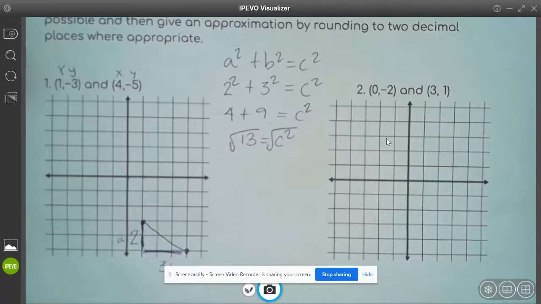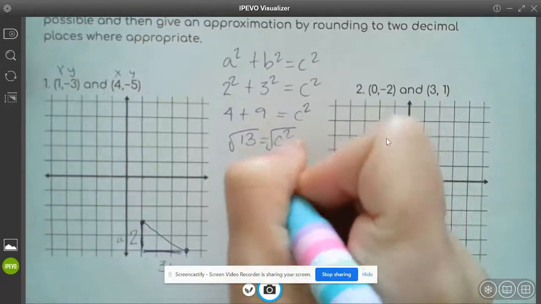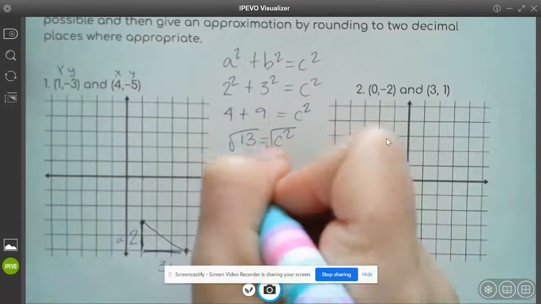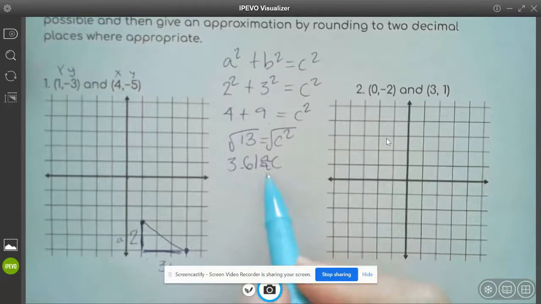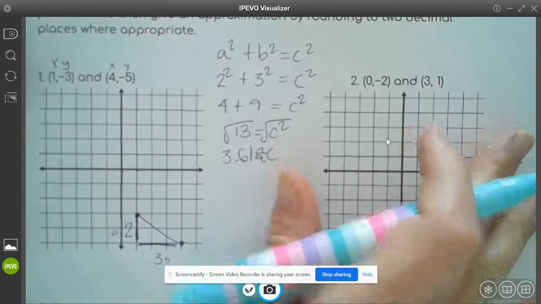If anything, we can just leave it like that, right? Because it's going to be a big decimal, right? So sometimes it's better just to leave it like that. But for the sake of it, let's just put the decimals. So that's 13. It's 3.61. So that's c equals, well, it's approximate, right? 3.61. It's only approximate because it's a long decimal, so I'm just rounding here. So it's not really accurate here. It's not the exact number.